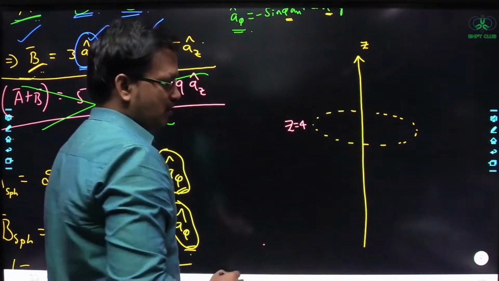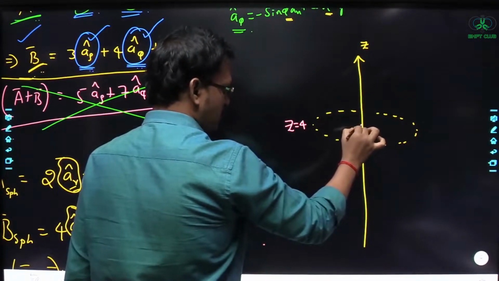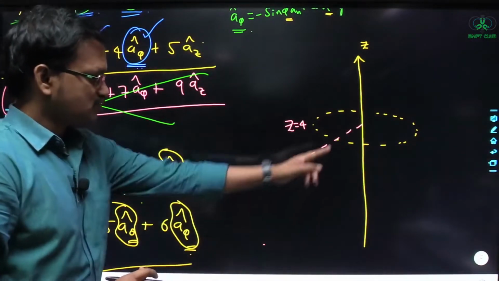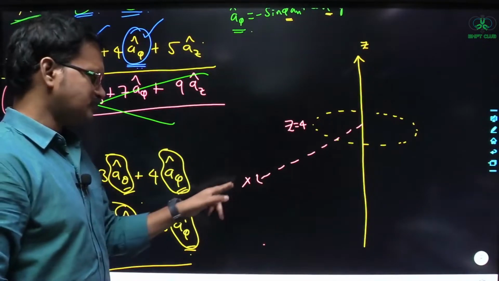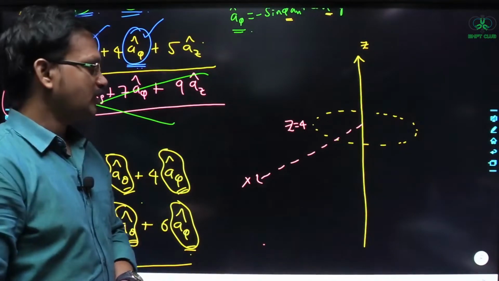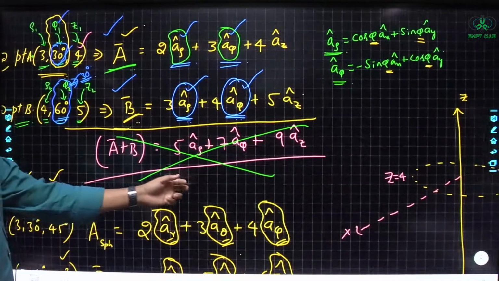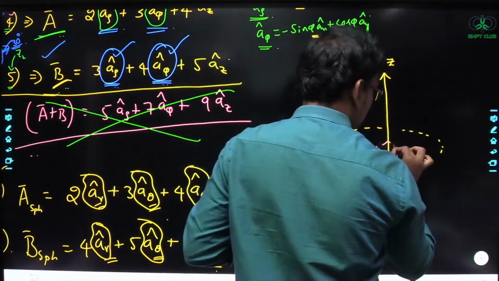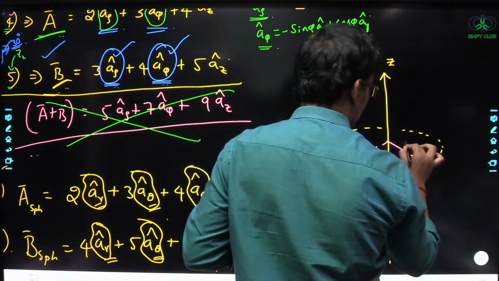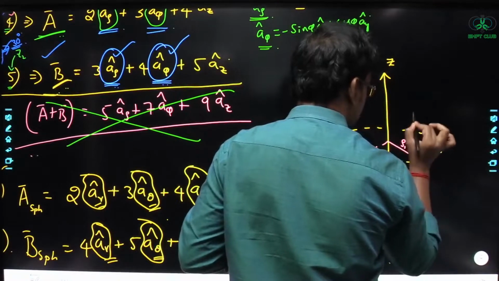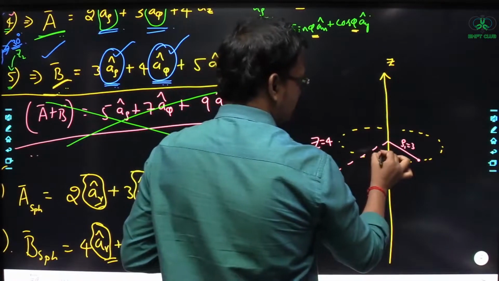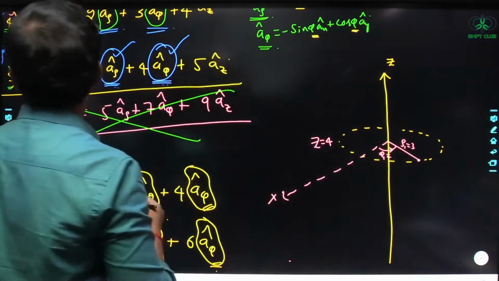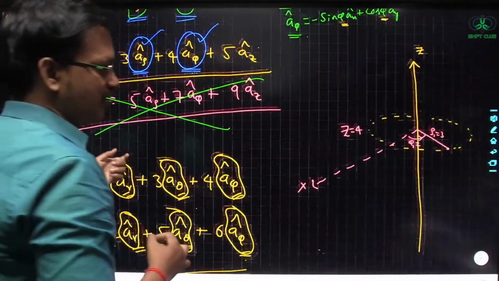Here I am drawing a line that is parallel to the x axis. So I am just representing it with x, no problem here, right? Next, what is the rho value here? The rho value is 3, so this is rho 1, which is equal to 3, and this angle they have given, phi 1, as 30 degrees.